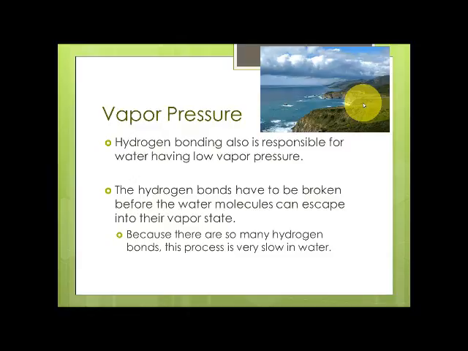Because there's so many hydrogen bonds, this process is typically slow in water. And because it's slow, that's why it has a low vapor pressure. It takes a lot more energy for the bonds to break and for it to completely escape, because maybe one at the bottom breaks the bonds, but then as it's floating towards the top, it forms a new bond, and so then it can't break away. So that's why our vapor pressure is very low for water.